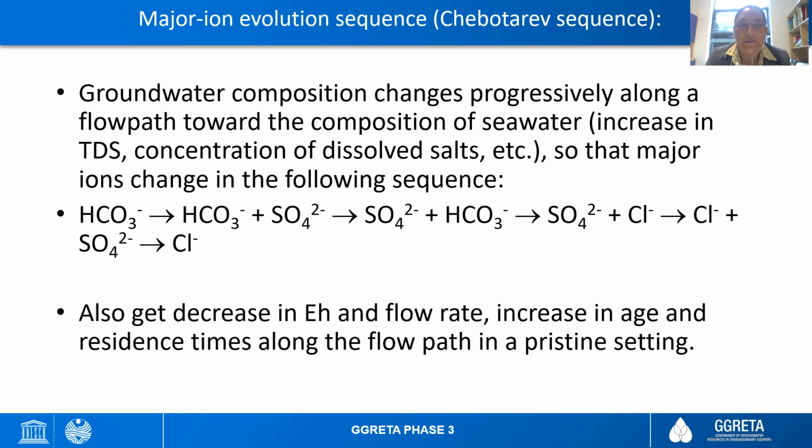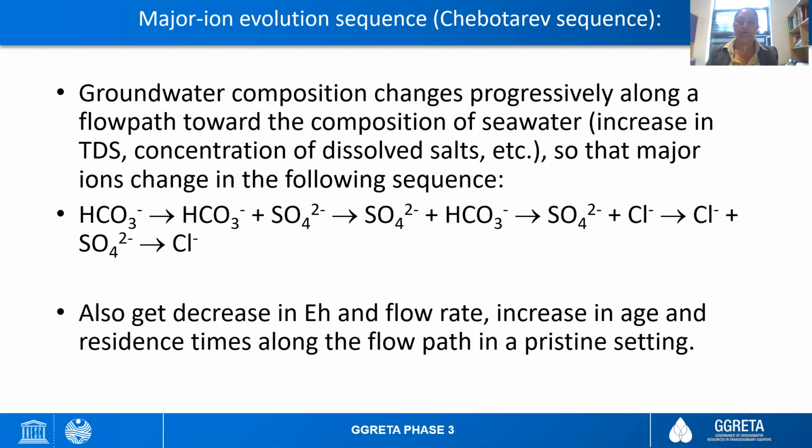And one could say that the groundwater composition changes progressively along the flow path, with your fresh recharge being in the higher lying part of the catchment, for example. And this would be carbonate rich, mostly calcium carbonate, which might be calcium and or magnesium carbonates.